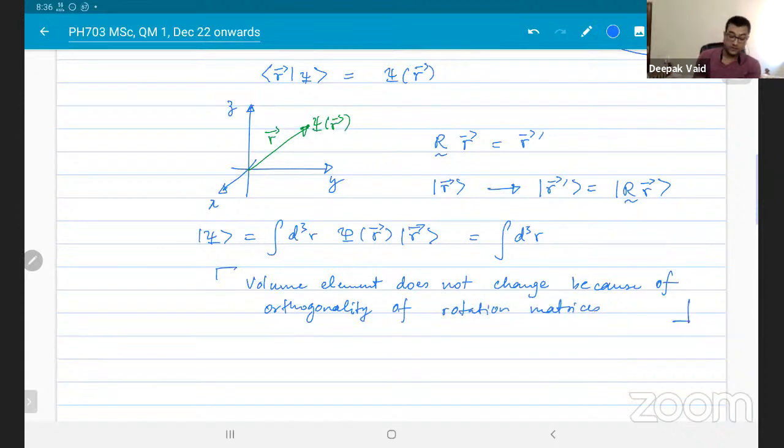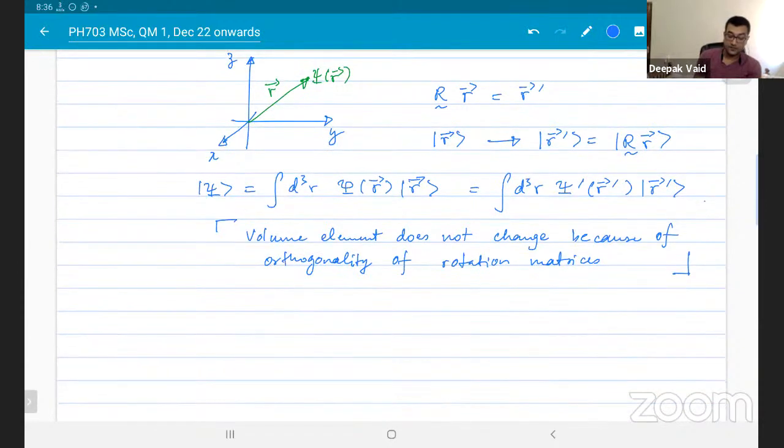Okay. So what will happen? These components will change. You'll get some psi prime of r prime and ket of r prime. This is the state in the new coordinate system. Now, what is this r prime? R prime can be written as some matrix R acting on vector r.